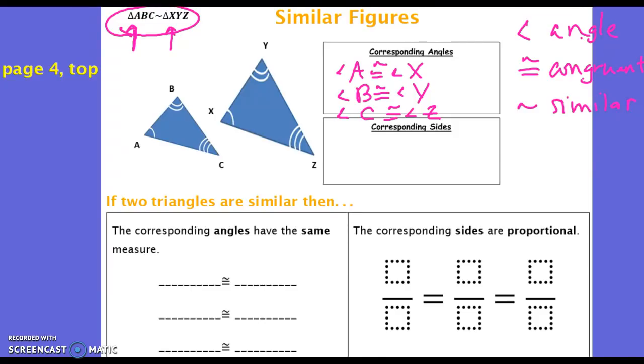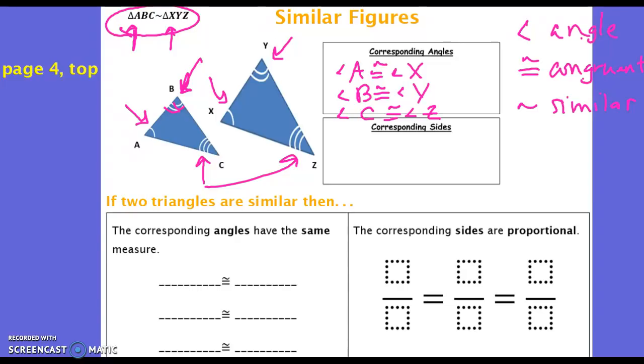Okay, also if you notice, you can tell how these angles are matching up by the little arcs you see here in the corner of the angle. So A has one arc, X has one arc. B has two little arcs right here, see? And Y does. And then angle C here has 3, angle Z has 3. So that also tells you which angles are corresponding and therefore congruent.